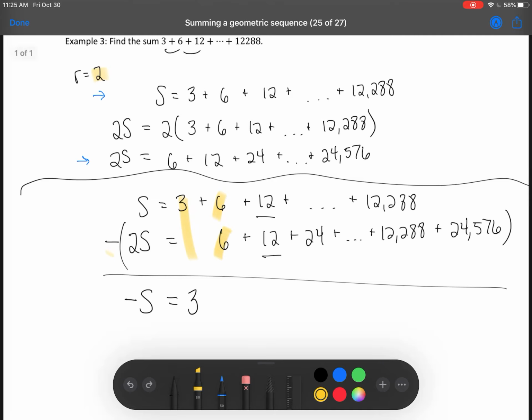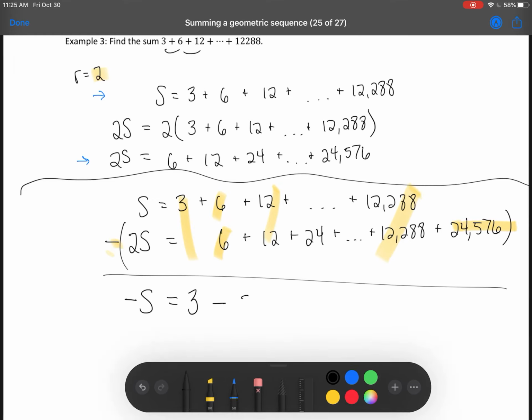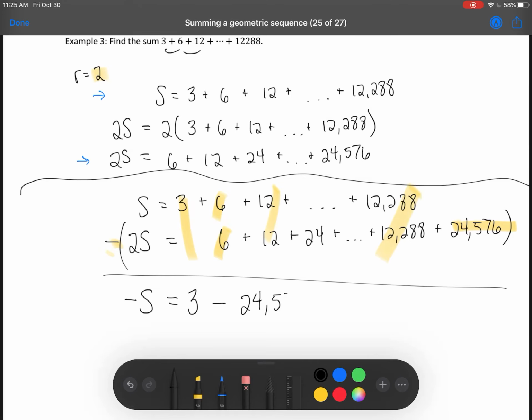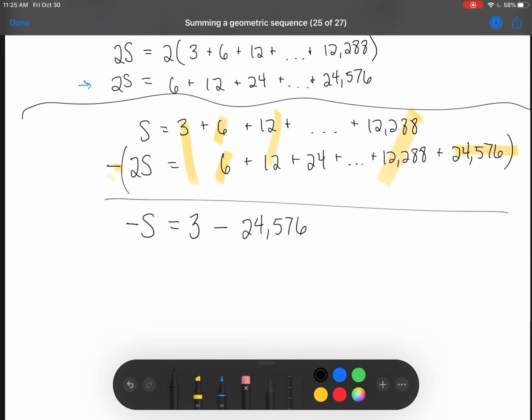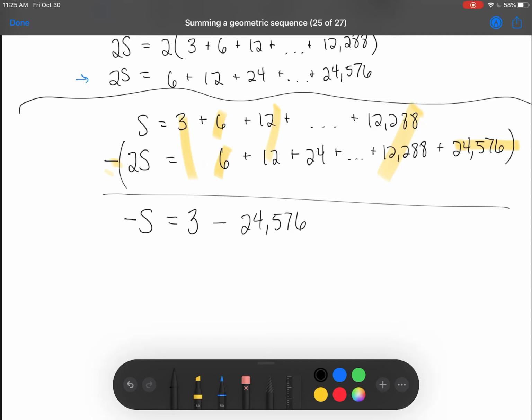Likewise, the 12 minus 12 goes away, and these ones are also going to go away. And then if we have 0 minus this 24,576, we end up with negative 24,576 down here. So basically we are left with the first term, the 3, and the very last term as a negative, and everything in the middle has canceled out.